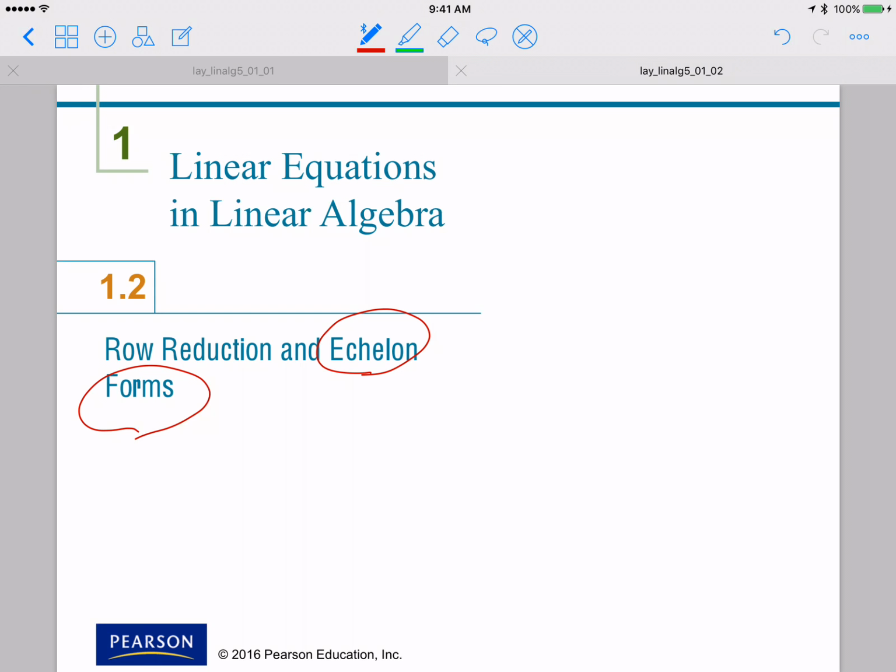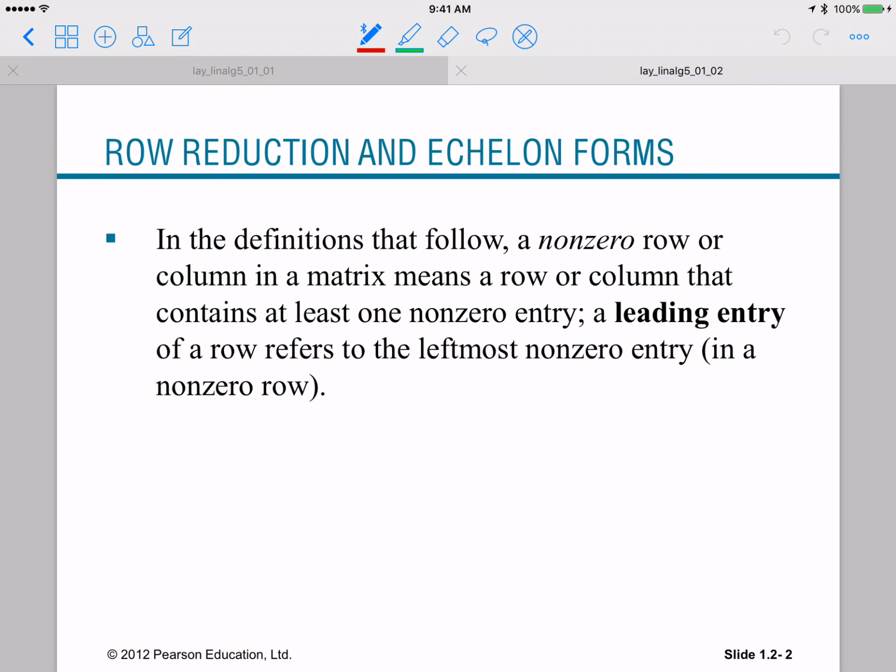The staircase kind of shape of our matrix is called echelon form. The definition itself of this echelon form is that staircase of a matrix. But now we learn how we can formally define the requirements or conditions of echelon form.